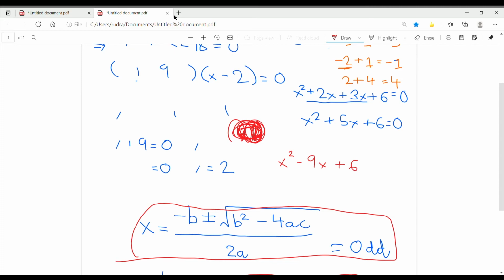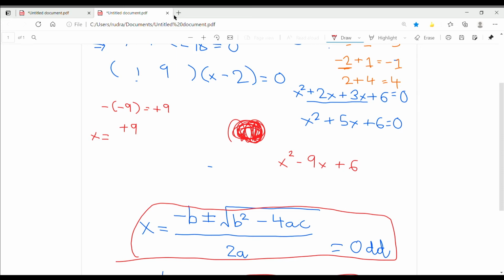x squared minus 9x plus 6. You will be using this method, which basically means that you're going to be doing x equals negative b, which is positive 9, as negative negative 9 equals positive 9.